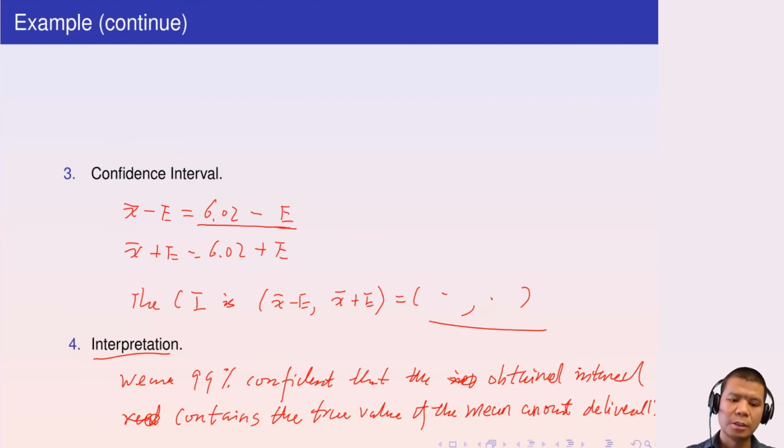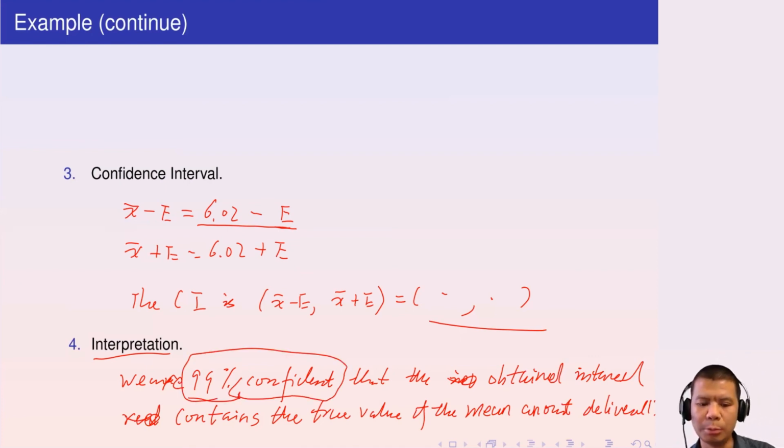So that's what we are trying to do. We are 99% confident. This is very important. We're 99% confident that the obtained interval contains the true value of the mean amount delivered at this setting.